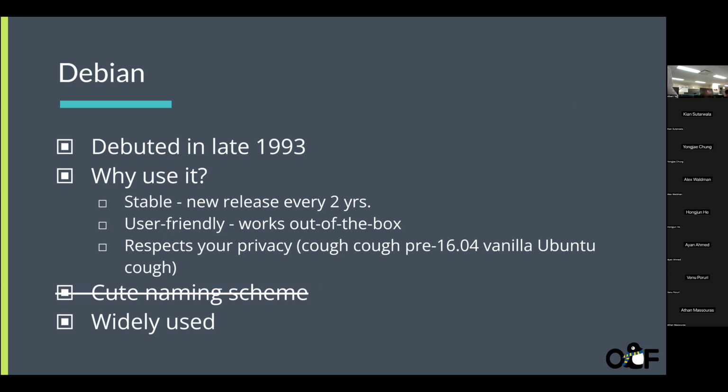So why even use it? Well, first of all, stability. There is a new release every 2 years, and a couple releases ago is still being actively maintained. I think they maintain up to like 4 years or something. Like two versions above, and then it's also user friendly, which means it works out of the box, and it respects your privacy.